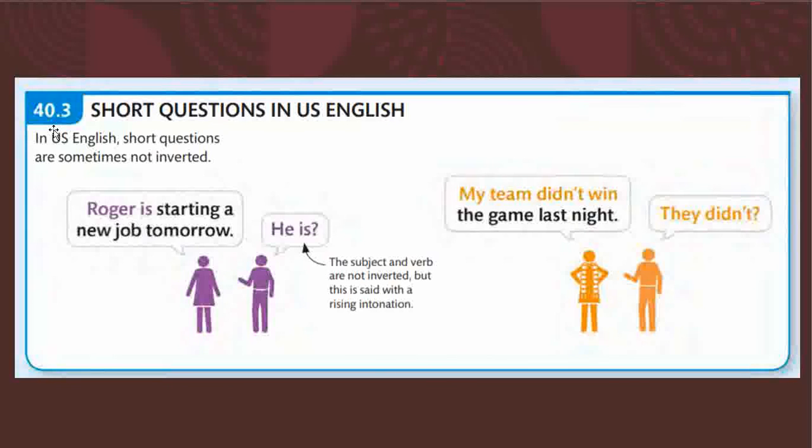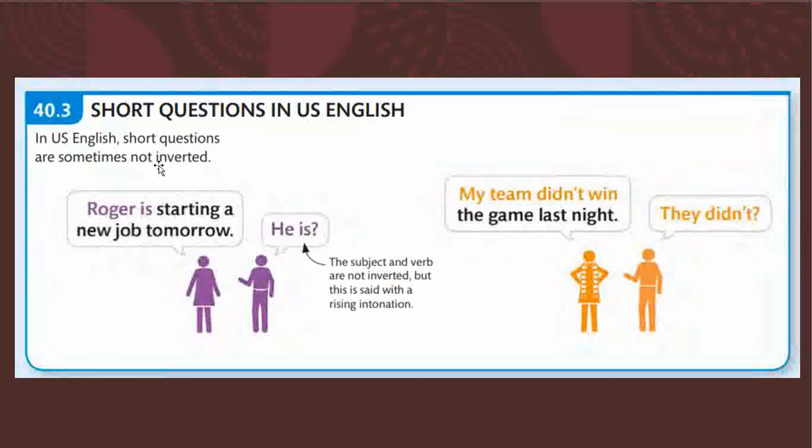The next pointer that we have is short questions in US English. Now be very mindful that all that we have learned so far... In US English, there are no such standard rules for questions. It is based only on conversation and intonation. Intonation means rise and fall of the voice.